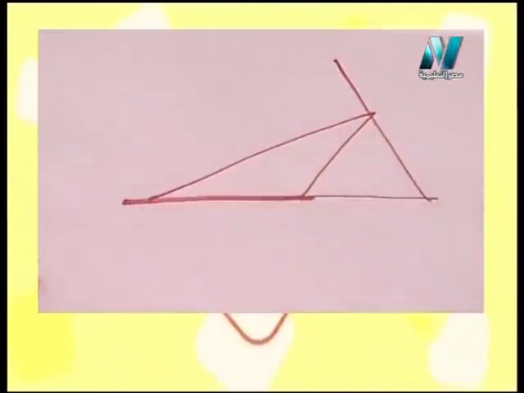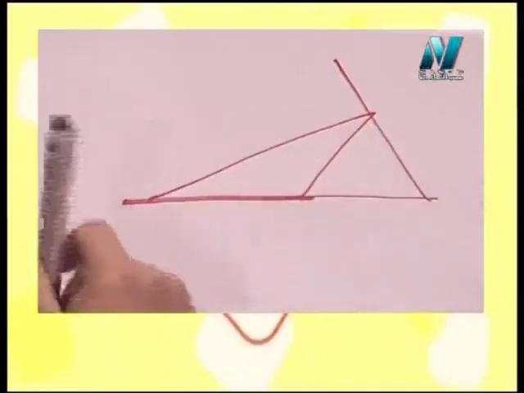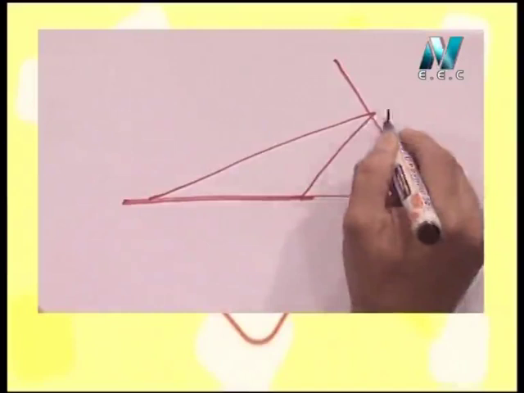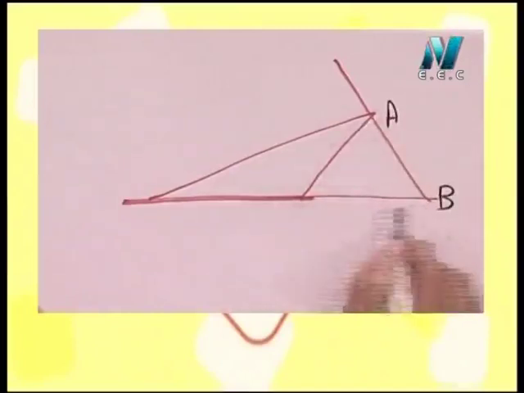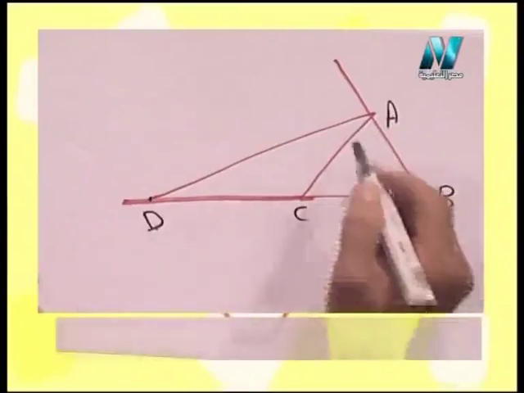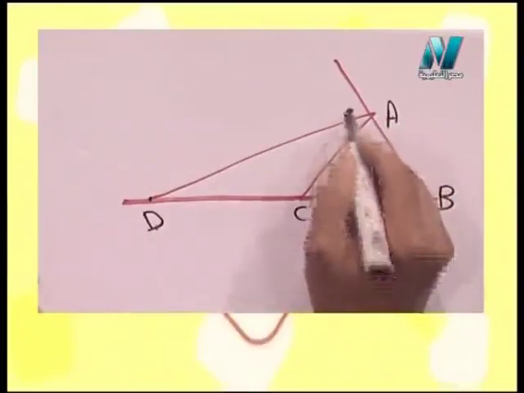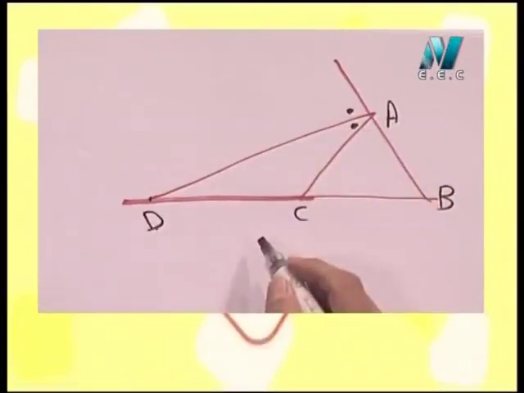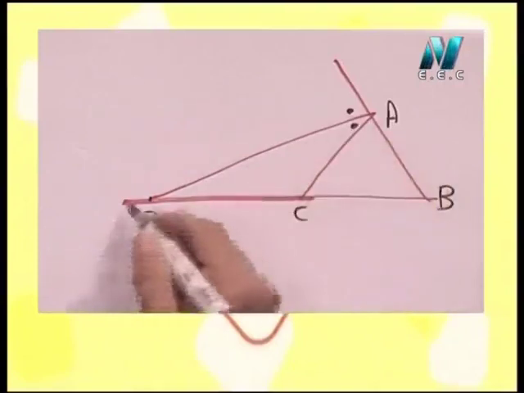If we expand this part, we have ABC here as a triangle, call this point D, and we have the exterior bisector here, and we want to find the length of the bisector AD.